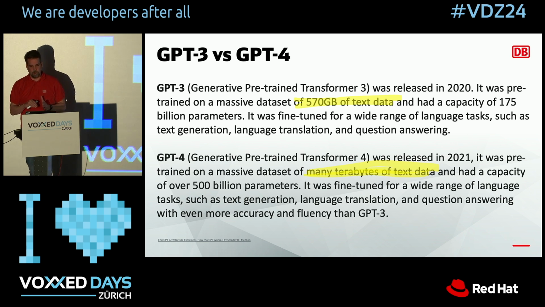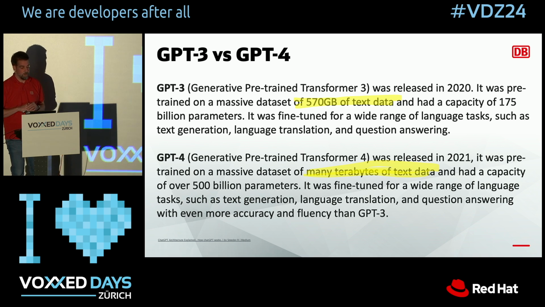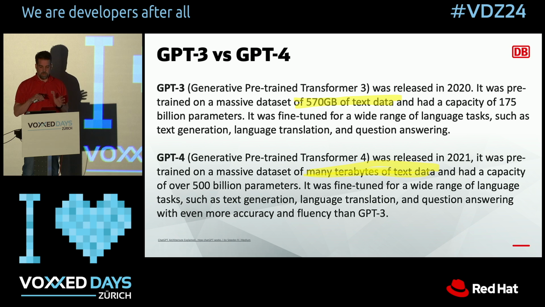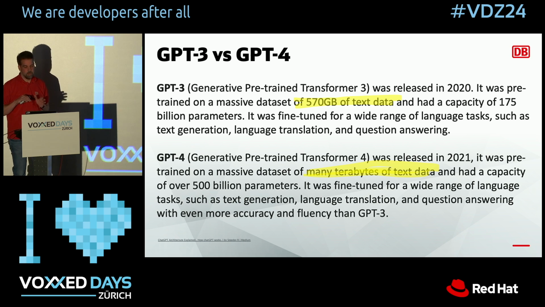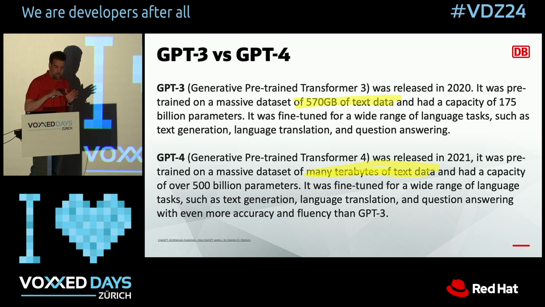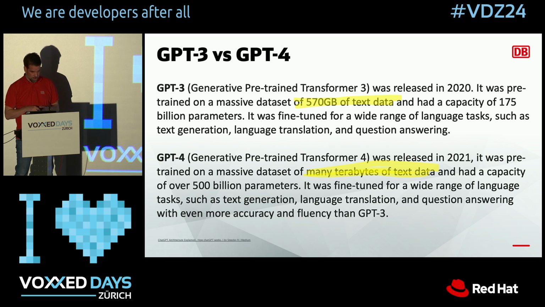GPT-3 was trained on 550 gigabytes of text data. GPT-4, they say many terabytes. They say it's not really known. You don't get too much information about what is behind those models, what is behind this technology.